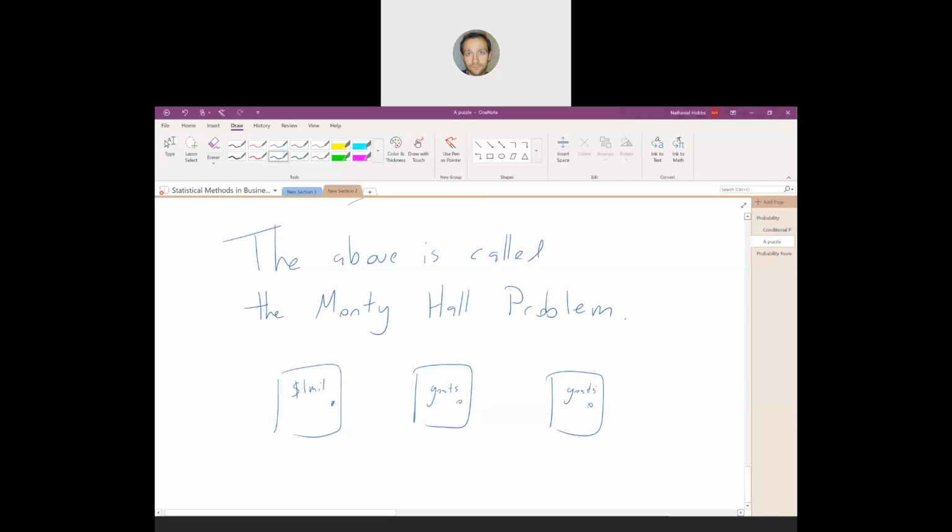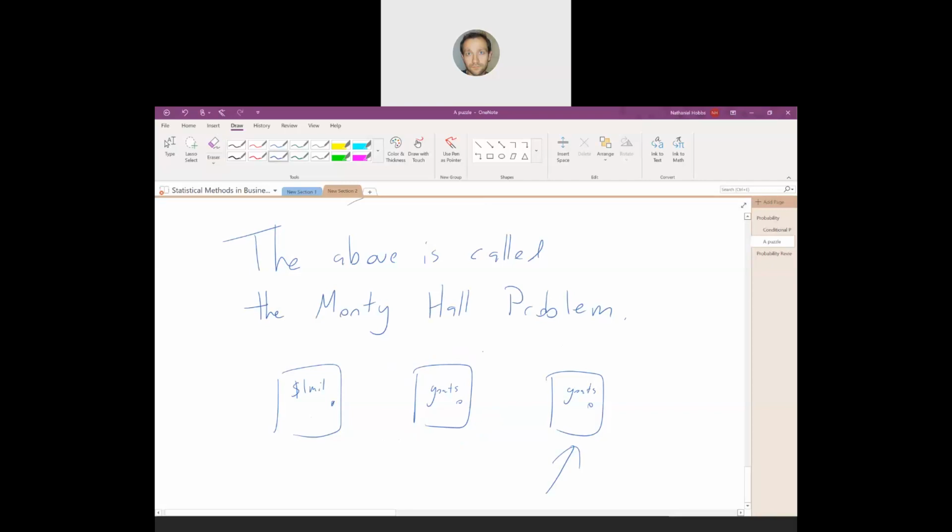For whatever reason, goats. This is the way that it's normally presented. A contestant chooses a door. The host will open up a door, revealing a goat. And then he asks the contestant, do you want to change your mind about which door might have the $1 million behind it? And the answer is yes, always change your mind. Always change it.